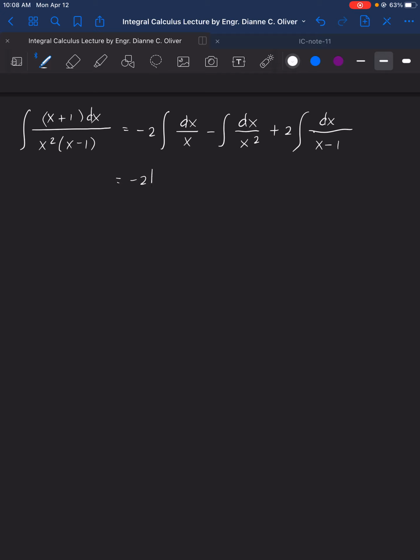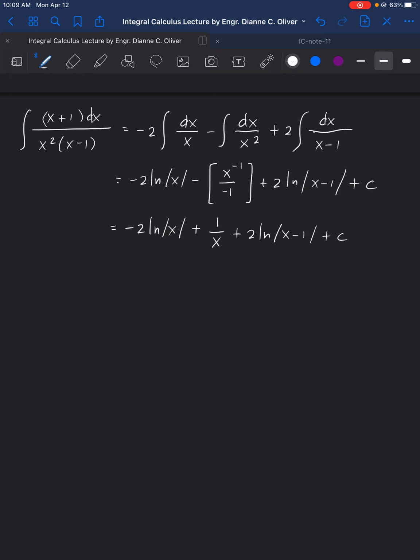We have negative 2 ln of x minus, this is power formula here, x to the negative 2 plus 1, negative 1, over negative 1, plus 2 ln of x minus 1 plus c equals negative 2 ln of x plus 1 over x plus 2 ln of x minus 1 plus c.